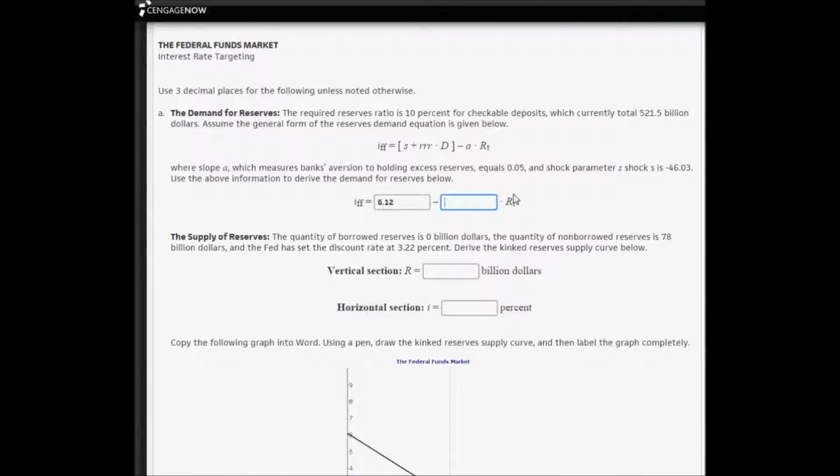The slope is the aversion to holding excess reserves, 0.05. The vertical section is the sum of borrowed reserves, $0 billion, and non-borrowed reserves, $78 billion. The horizontal section of the supply curve is the discount rate, 3.22%.